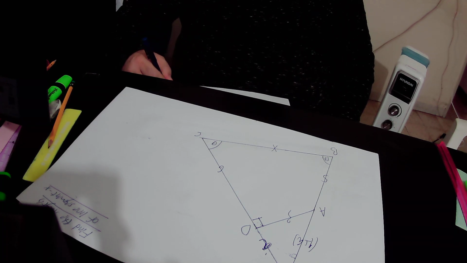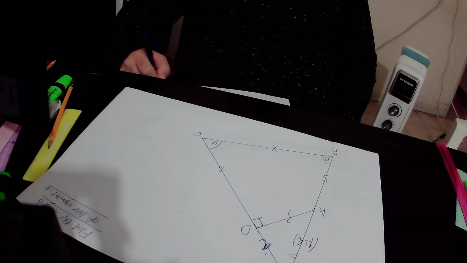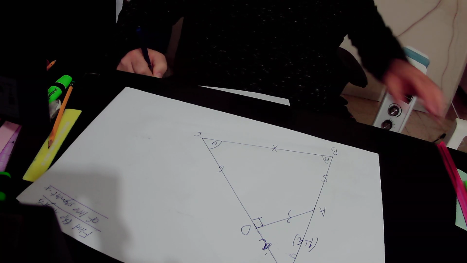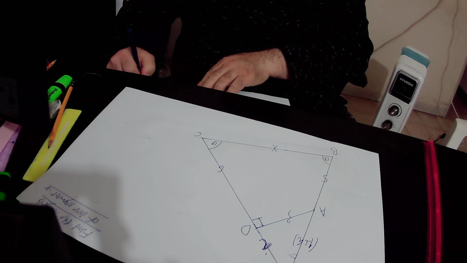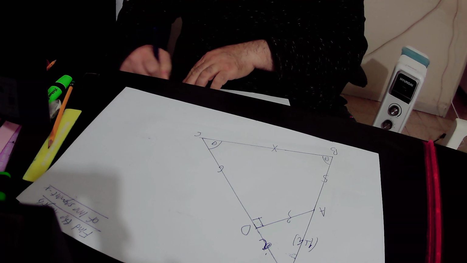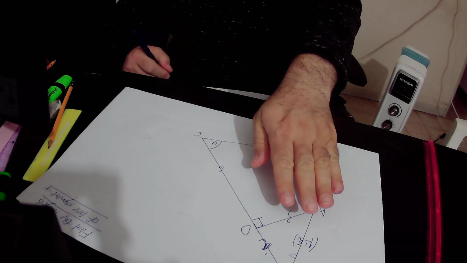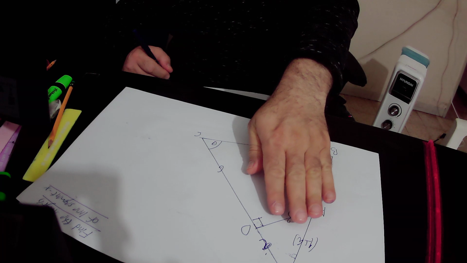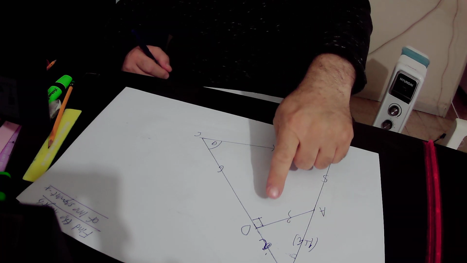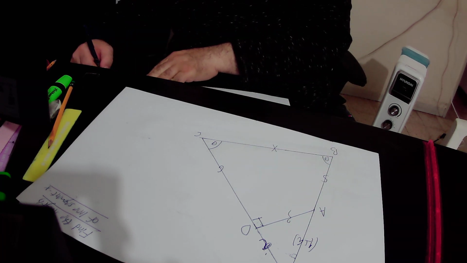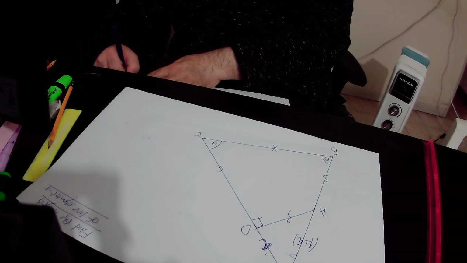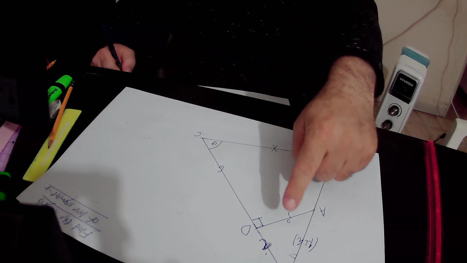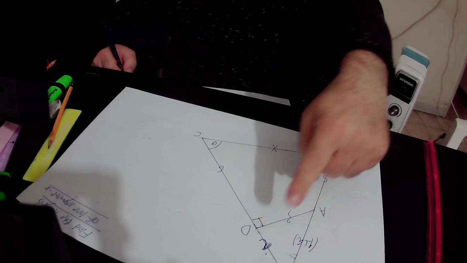So which angles do we have? It's this side of the straight line EC at point D. Here we have 90 degrees, plus this angle, which is angle ADE.